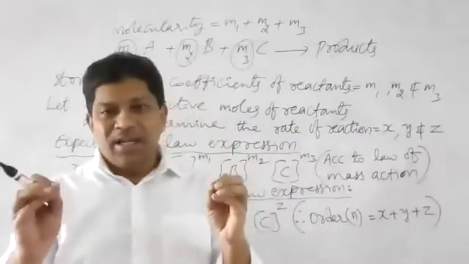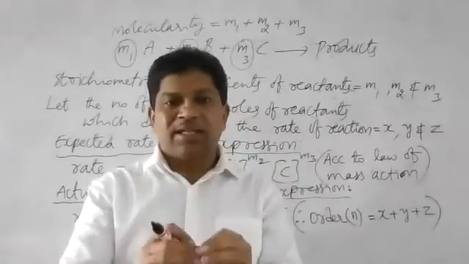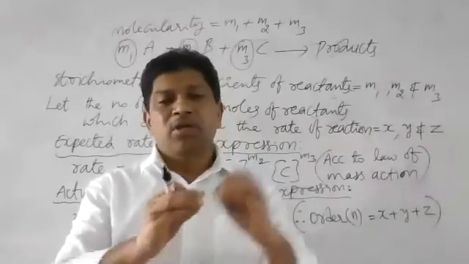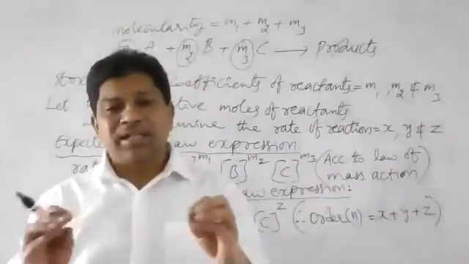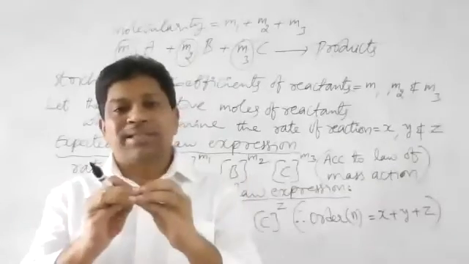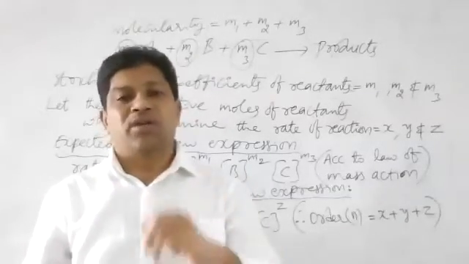The number of reacting species colliding with each other simultaneously at the same time to give the products is called molecularity. At a time, how many molecules can collide with each other effectively? Only 3 molecules.